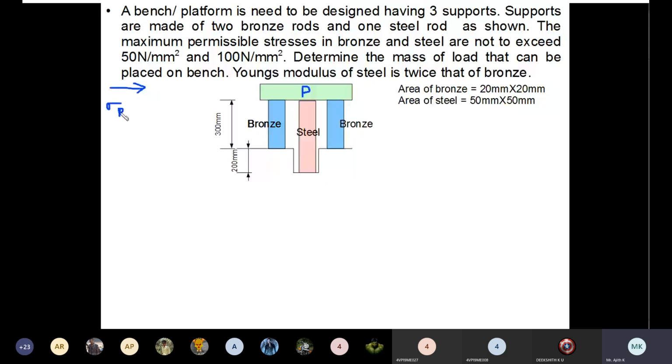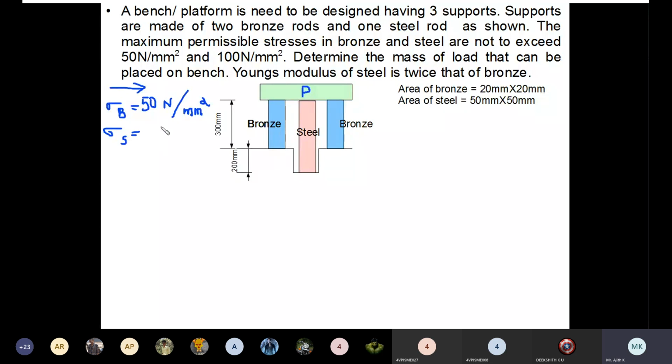Sigma in bronze is 50 Newton per mm square. And sigma in steel is given.